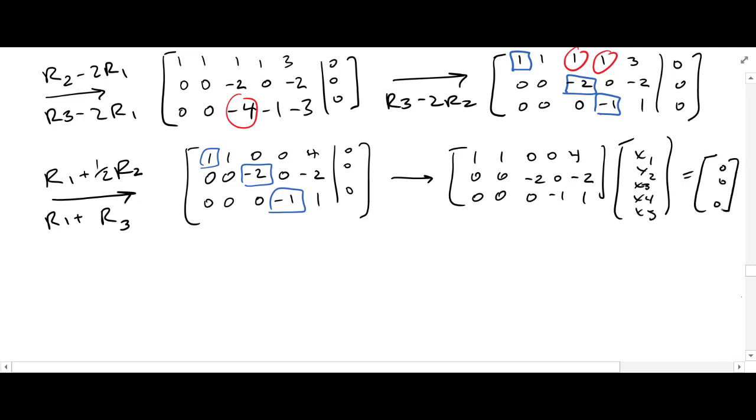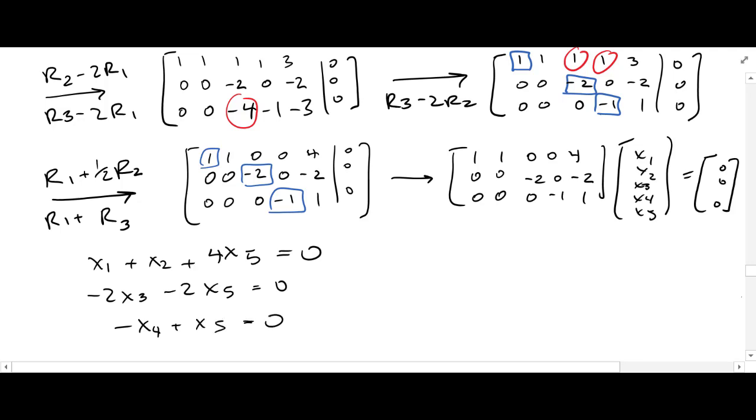If you write out this system of equations, you get x1 plus x2 plus 4x5 equals 0; negative 2x3 minus 2x5 equals 0; and negative x4 plus x5 equals 0. So we have these three equations for the reduced system.